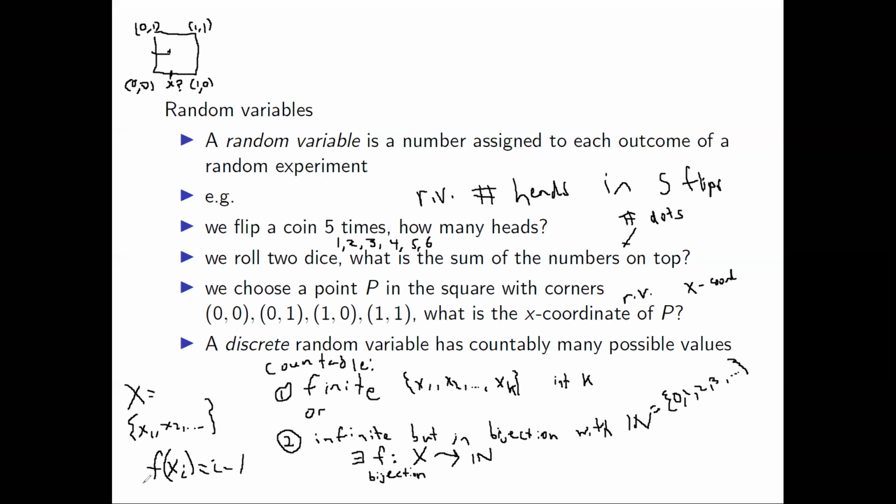And it's easy to check that that's a bijection. We can define an inverse, f inverse of i, for each natural number i, to be x of i plus 1.